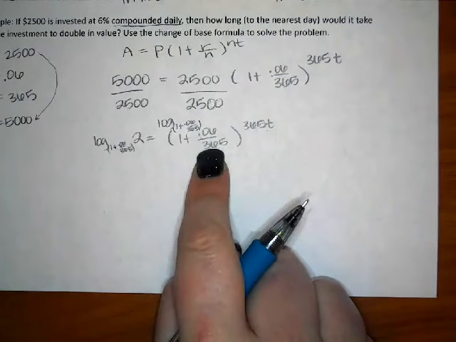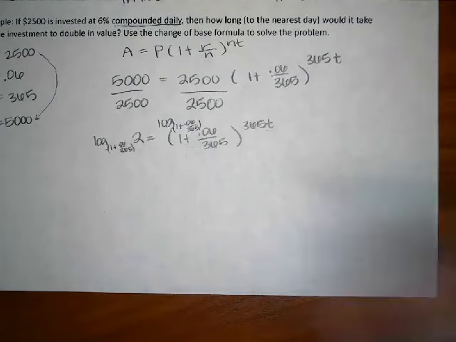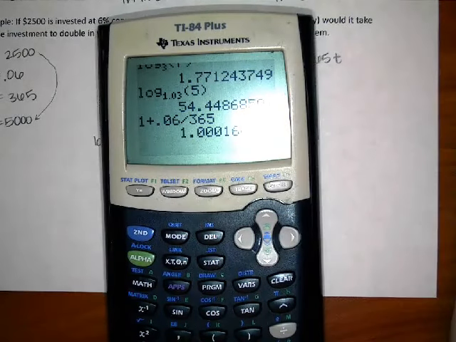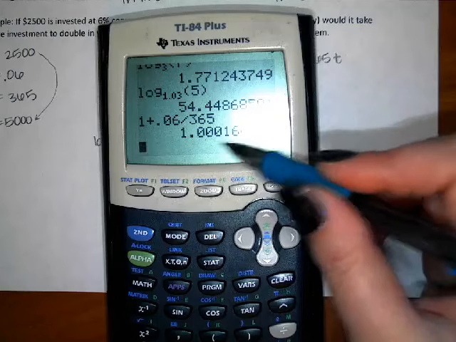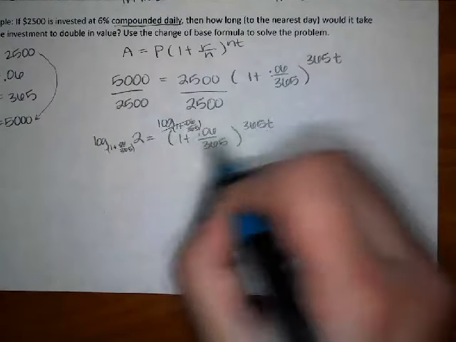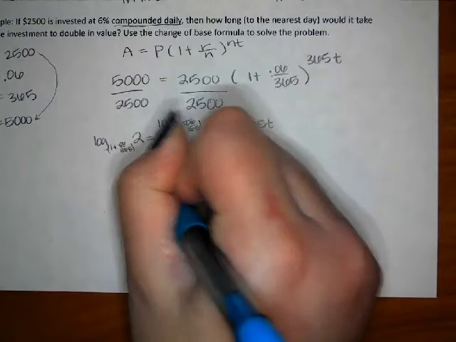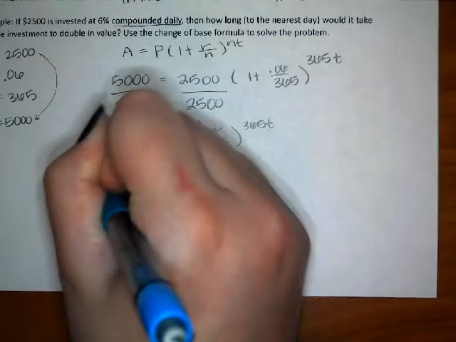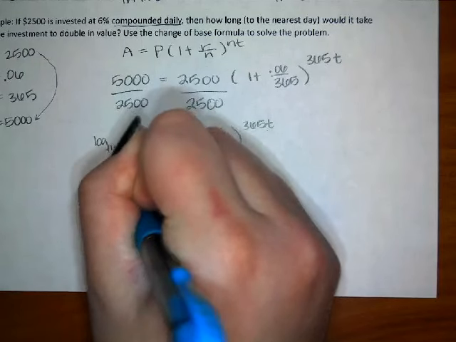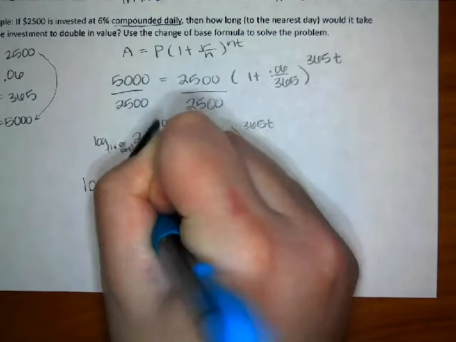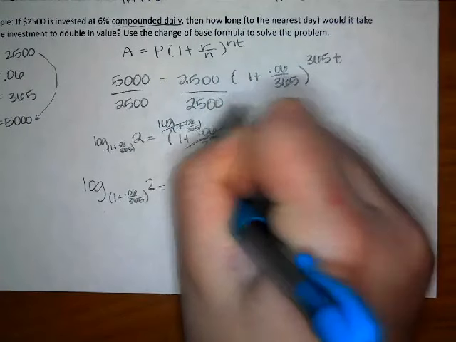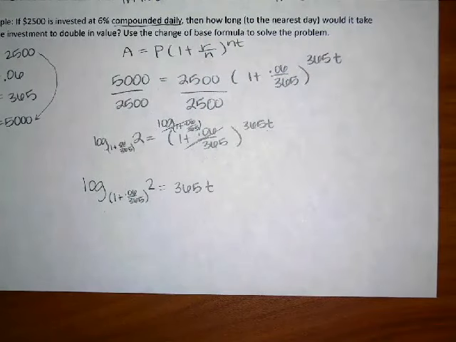So if you want to write down a rounded version of this to show your work, that's fine. But don't use a rounded number because it could impact your answer. So log with that base and the base cancel out, and I end up getting that log base 1 plus 0.06 over 365 of 2 is 365t. And then to solve for t, I'm just going to divide the whole thing by 365.